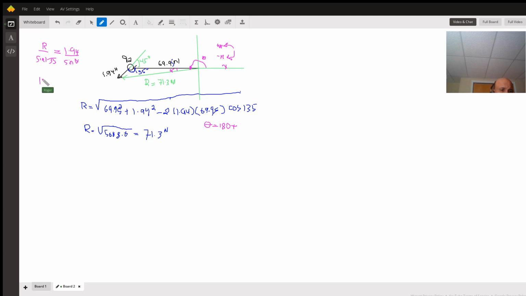We know what R is. We want to find sine alpha. So if we arrange this, sine alpha equals 1.94 over R times sine 135.